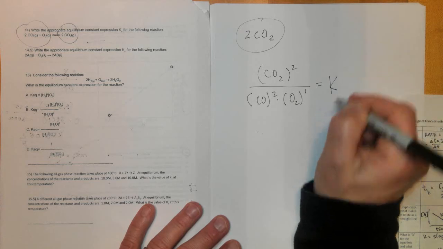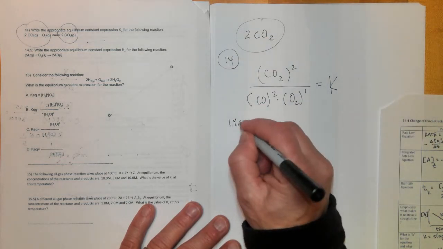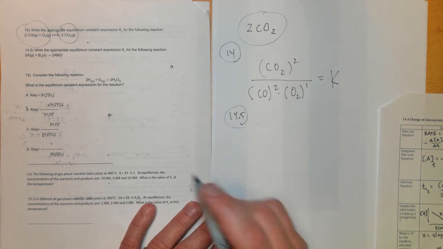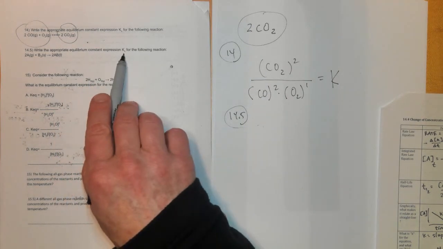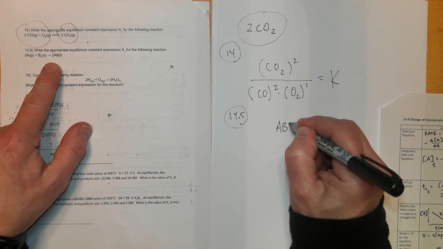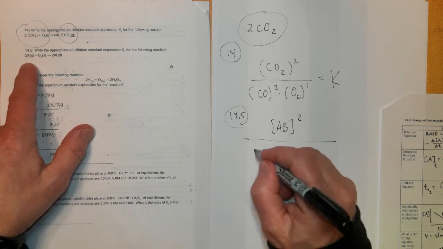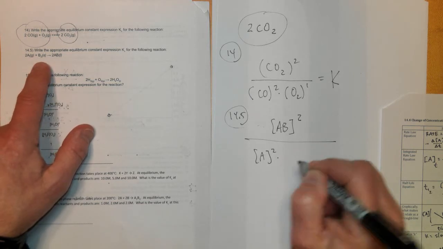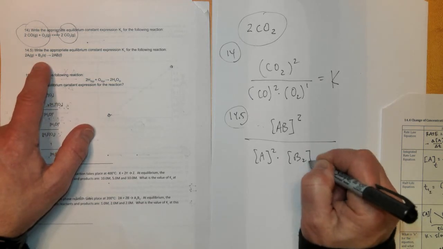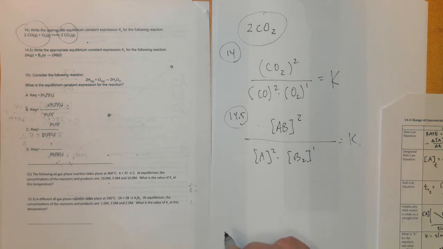And that would equal K for number 14. Number 14.5, we have write the appropriate equilibrium constant Kc, and so we'd have the products AB to the second power divided by A to the second power times B to the first power. That would be equal to K for 14.5.